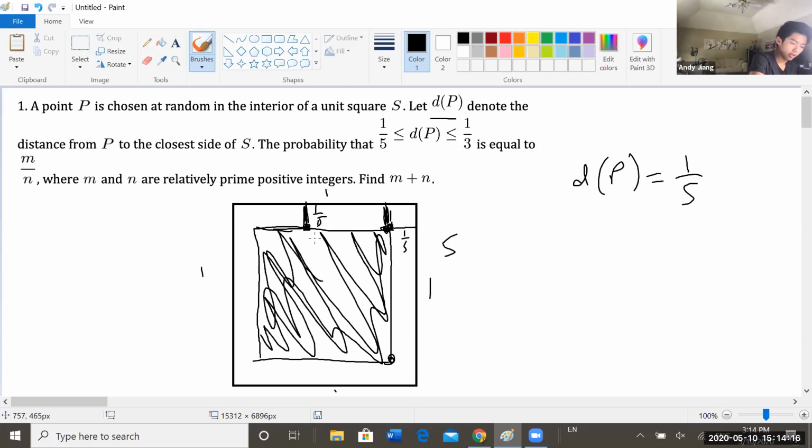So right away, I know that the outer boundary isn't going to work. Now it says d_P is less than or equal to 1/3. So let's draw the square where d_P is equal to 1/3.